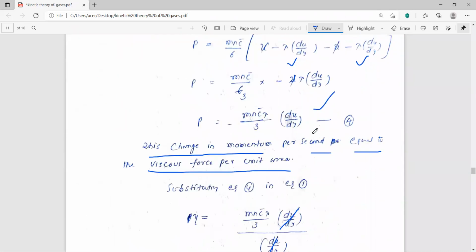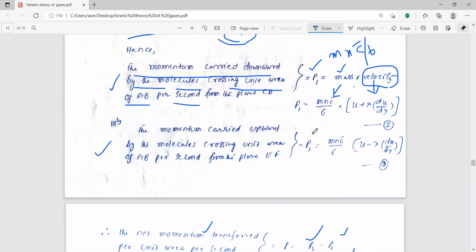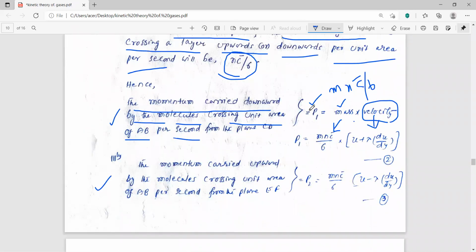Now we can write the momentum carried in the downward direction from the layer CD to AB per unit area per second. P1 equals mass into velocity, that is m n c bar by 6 into u plus lambda du by dy, because the upper layer CD has the velocity u plus lambda du by dy.